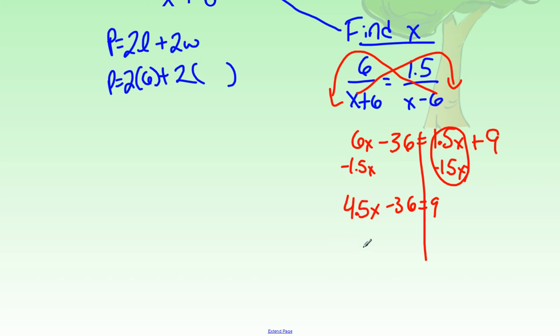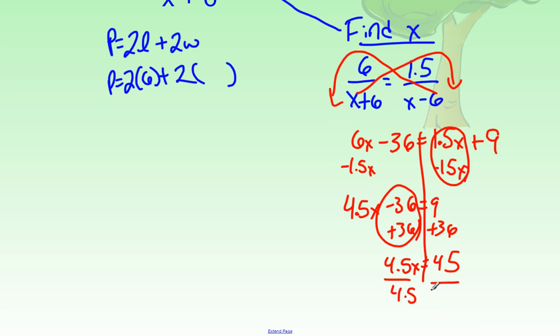And add 36 to both sides. These cancel. 4.5x equals, let's see, 9 plus 36 is 45. Divide both sides by 4.5.